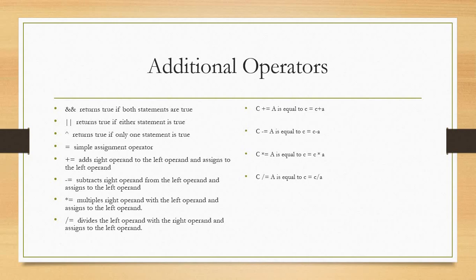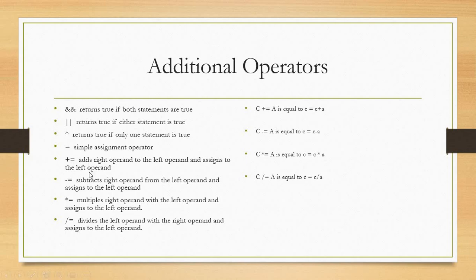Here are some additional operators. You'll notice, again, some Boolean possibilities. The equal sign is just a simple assignment operator. So if A equals B, that means whatever is put into A, B has the same answer.